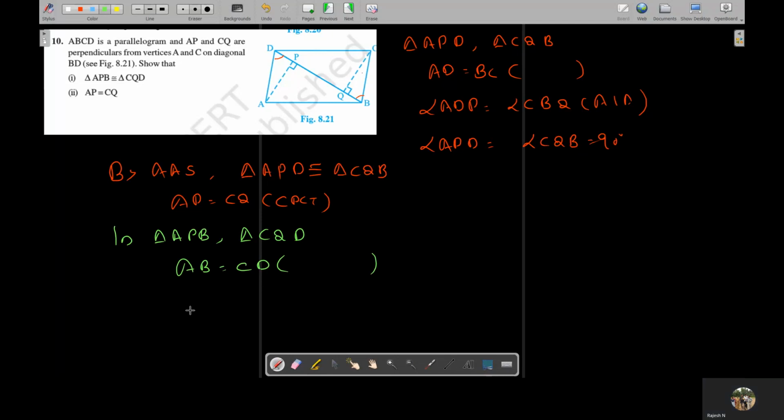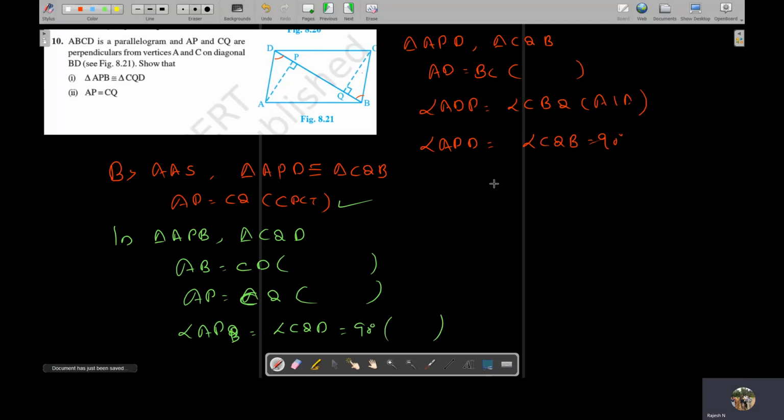Next, AP is equal to CQ. What is the reason? Already proved here. Now, another angle: angle APB is equal to angle CQD, equal to 90 degrees.